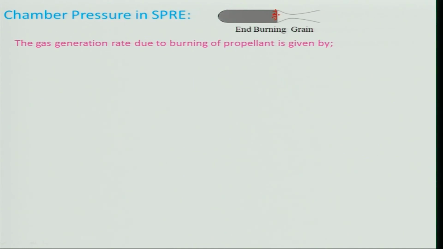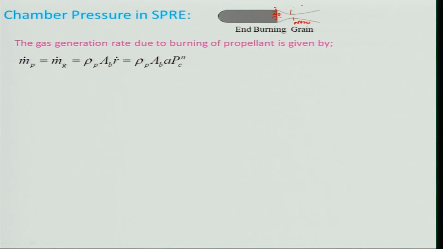So, when it is going, then some gas will be generated here and it will be passing through the nozzle, this is your nozzle, right, it is passing through the nozzle. So, if you look at the mass of the propellant which is getting burned, which will be equal to rho_p A_B, this is your A_B.